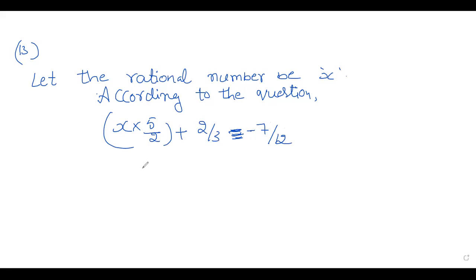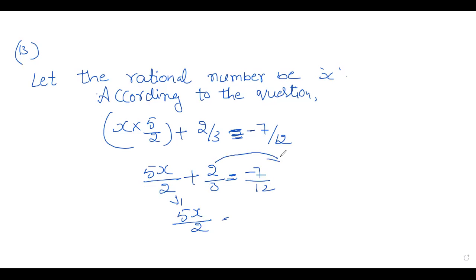Okay, children, simplify this. Multiply 5 into x. x into 5 is 5x by 2 plus 2 by 3, that is equal to minus 7 by 12. So the left side of the equal sign has this, and minus 7 by 12 is on the right side. I'm going to keep the variable as it is on the left side and transpose this plus 2 by 3 to the right side.